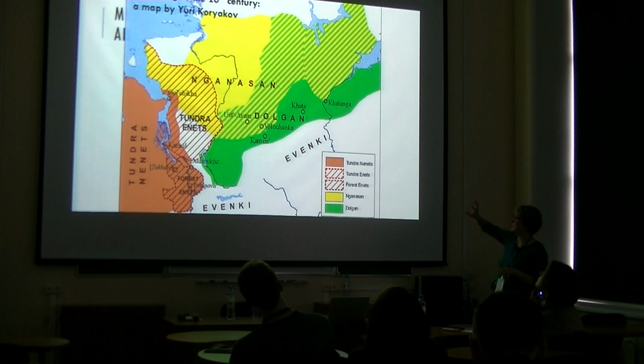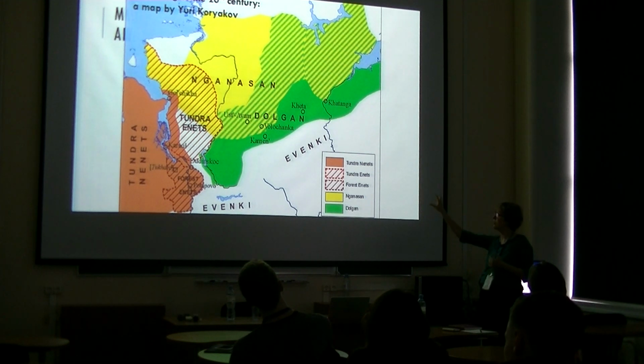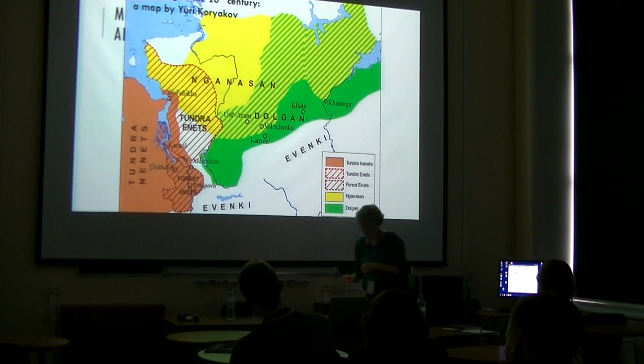This is true for this period, but if we go 50 years earlier, to the second half of the 19th century, then the Dolgans will be much to the south and have quite little intersection with the Nganasans.